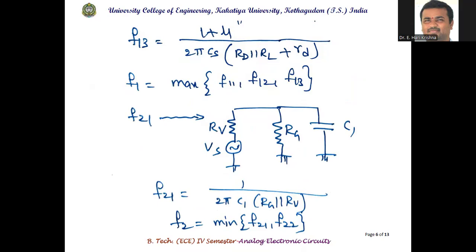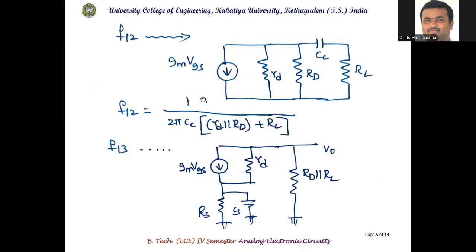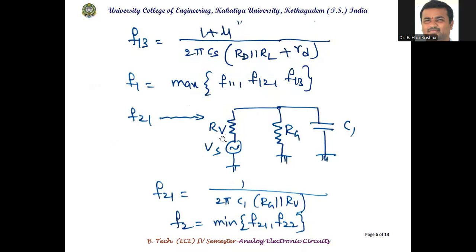Similarly, the low pass filtering action is because of internal capacitors. So we'll take the diagram and neglect the coupling capacitor. So RV, RG in series with C1. That combination becomes F21 equal to 1 by 2 pi C1 (RG parallel with RV), because the two resistors are parallel.